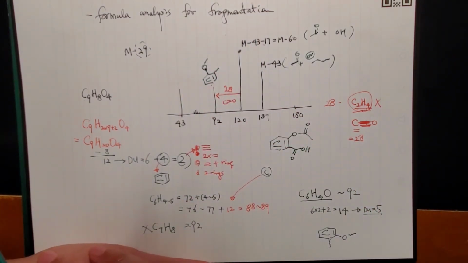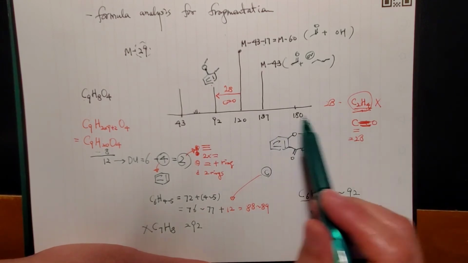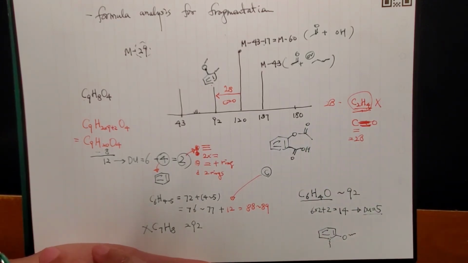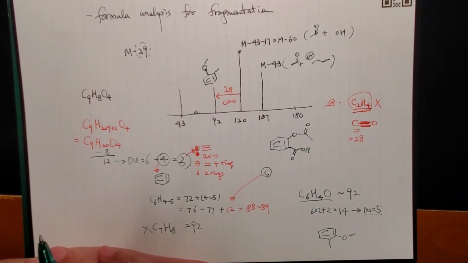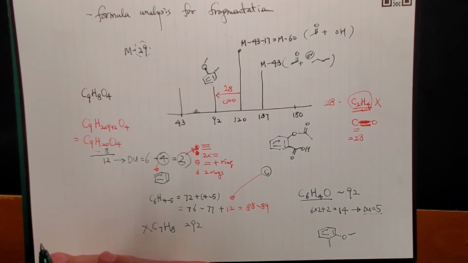That allows us to come up with the overall structures. It's fairly difficult for a big molecule, but with small molecules it's doable. And many times you have other spectra given with the mass spec, so it would be more helpful and easier.